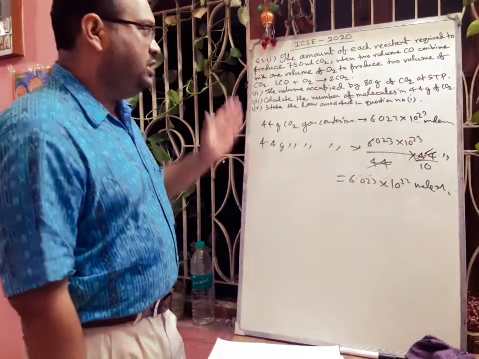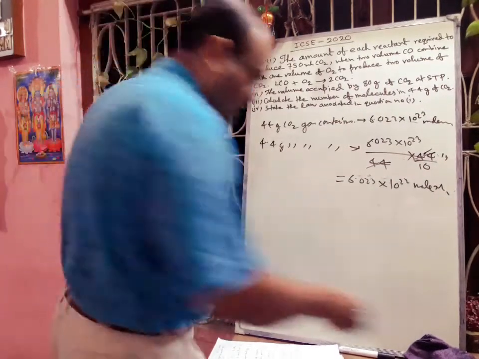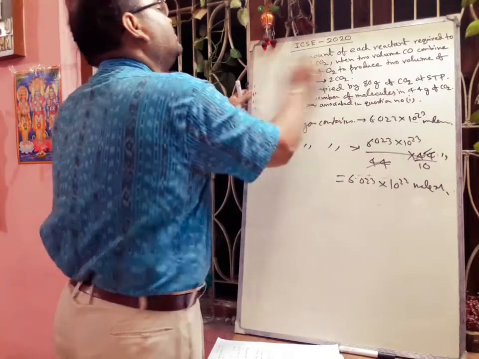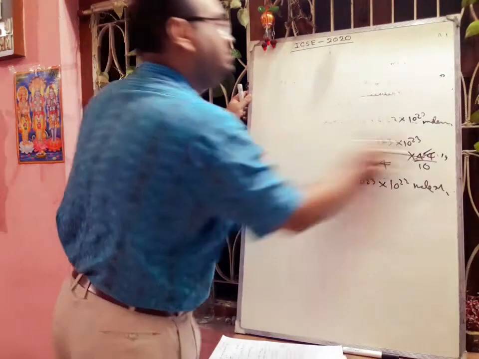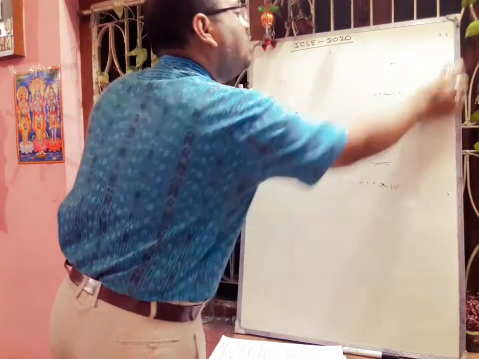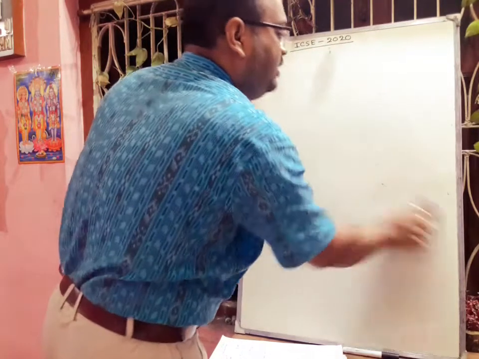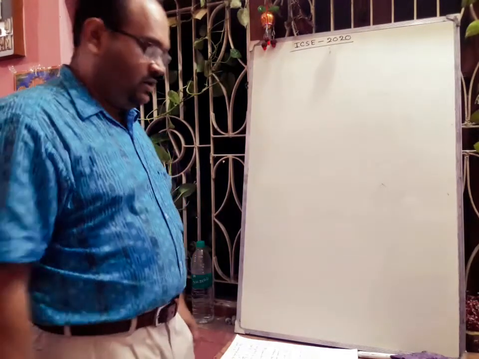In this way you have completed the 5 marks question. Next we will discuss another 4 marks question. Hope you can understand. If you have any problem, you can send me your question through email, and I will solve it.